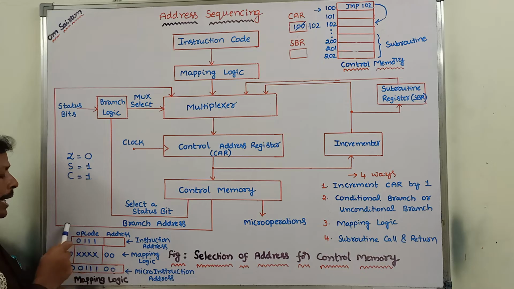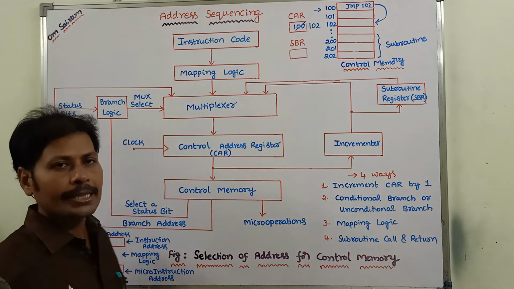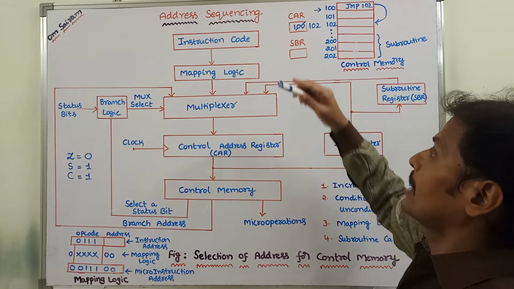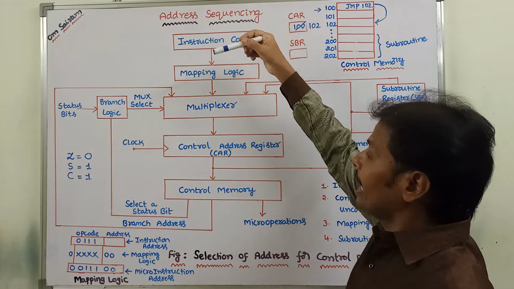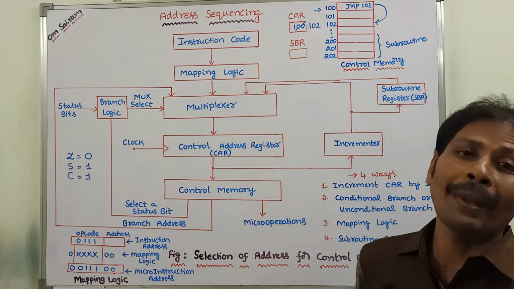The remaining 4 opcode bits can be directly transferred to the micro instruction address. Then we get the 7-bit micro instruction address. This 7-bit micro instruction address is directly loaded into the control address register through the mapping logic.